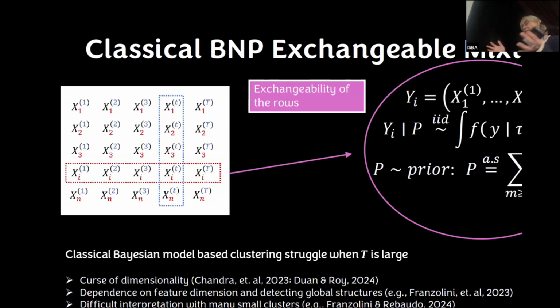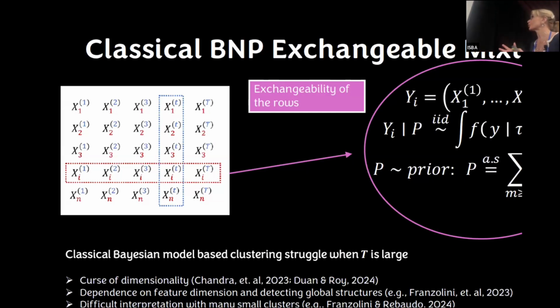First of all, there is the curse of dimensionality, so points in high-dimensional space are quite far apart. Then there is a lot of dependence of the clustering result on the dimension of each feature, so features with larger support space tend to dominate. And you end up detecting only a global clustering structure. You do not really understand the contribution of each feature. You also end up with a lot of small clusters, which are very difficult to interpret. So basically, clustering in high dimensions is not that easy.